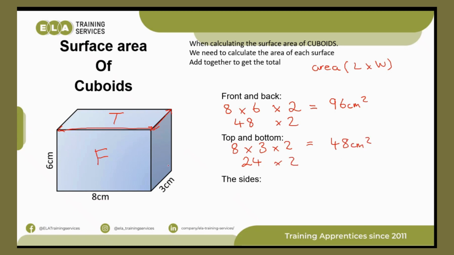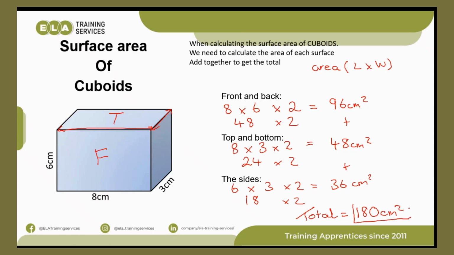And then our last one, which is our sides, our length and width, 6 times 3 times 2, because we want the same. 18 times 2, which is 36. Then we're going to add all these together to get our total, which is 180 centimetres squared. And that is how we work out the surface area of a cuboid.